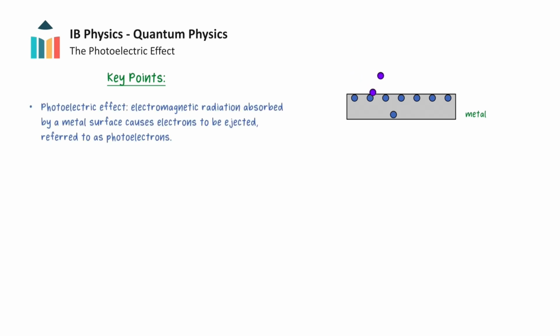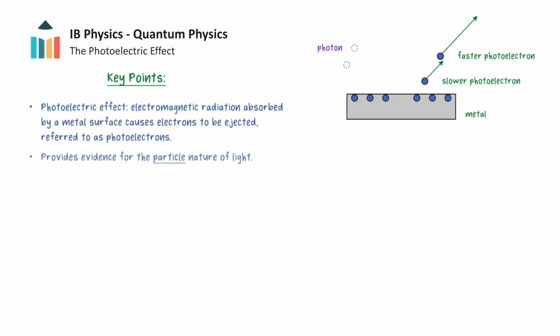We will now provide a final summary of the key understandings from this video. The photoelectric effect occurs when electromagnetic radiation incident on a metallic surface causes electrons to be emitted from its surface. This phenomenon provided evidence for the particle nature of light, as classical wave theory could not explain certain observations of the photoelectric effect.